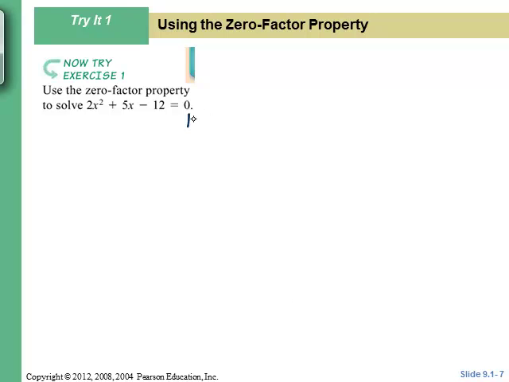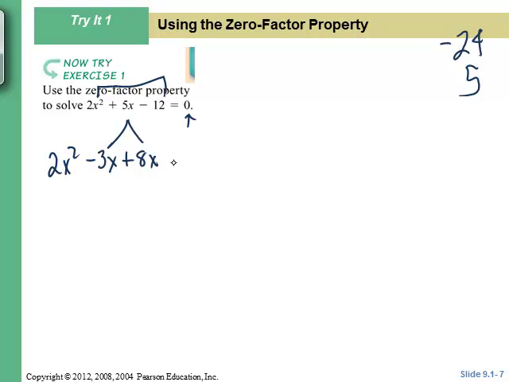Okay, so it's already got the 0 all alone. So we multiply these two together. What two numbers multiplied equal 24 are 5 apart? 3 and 8. So negative 3x plus 8x equals 5x. Bring down the 2x squared. Bring down the negative 12. Factor out an x, and you're left with 2x minus 3.